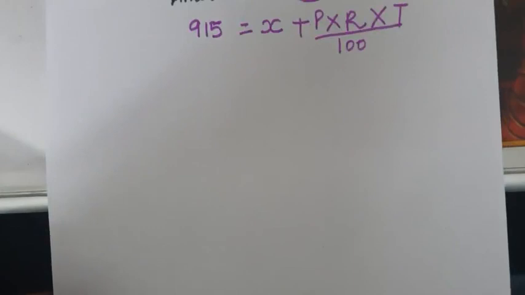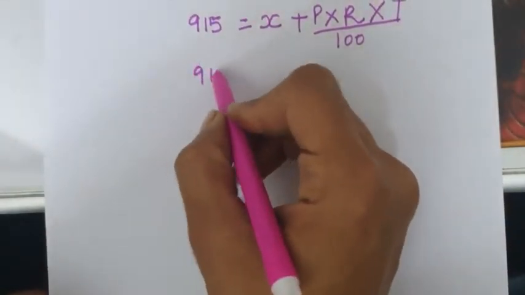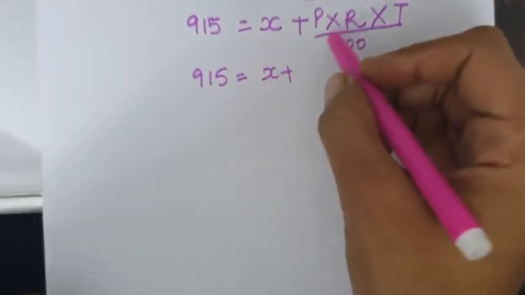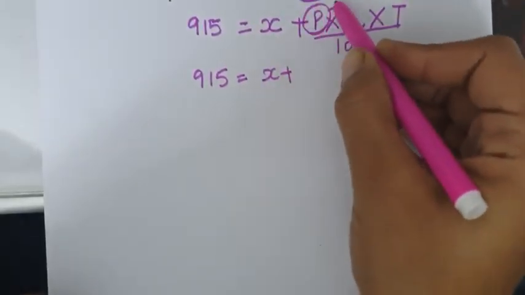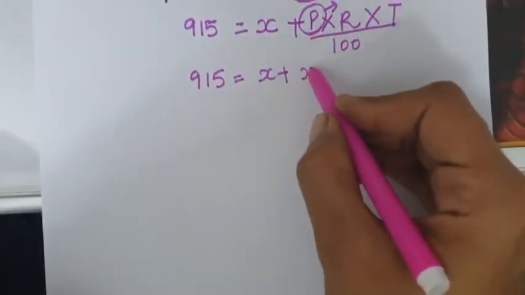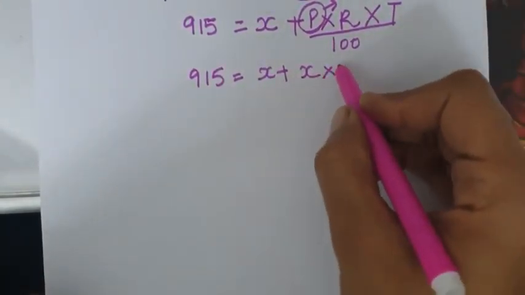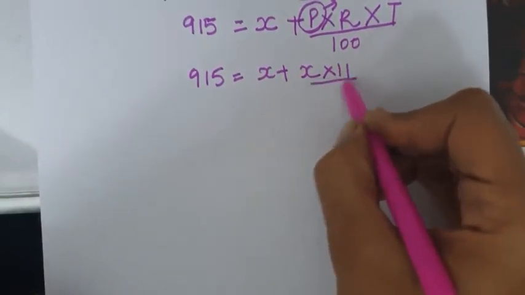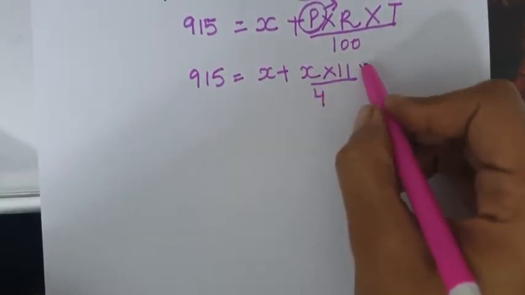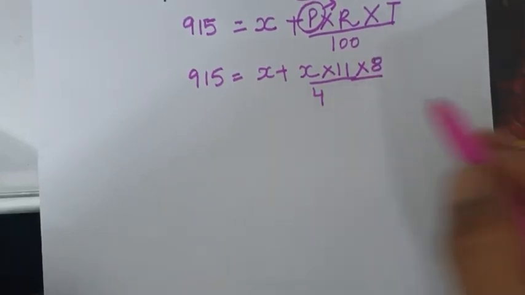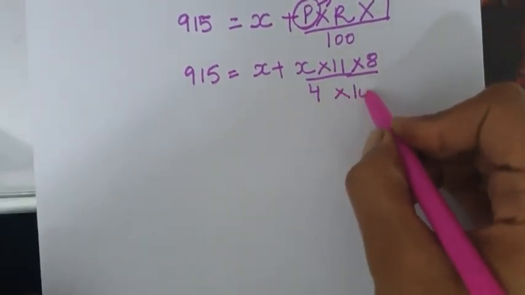Fine. Now 915 is equal to X. Here also we can take P as X. Multiply what is rate of interest? 11 upon 4. Multiply what is time? Time is 8 years. Multiply 100.